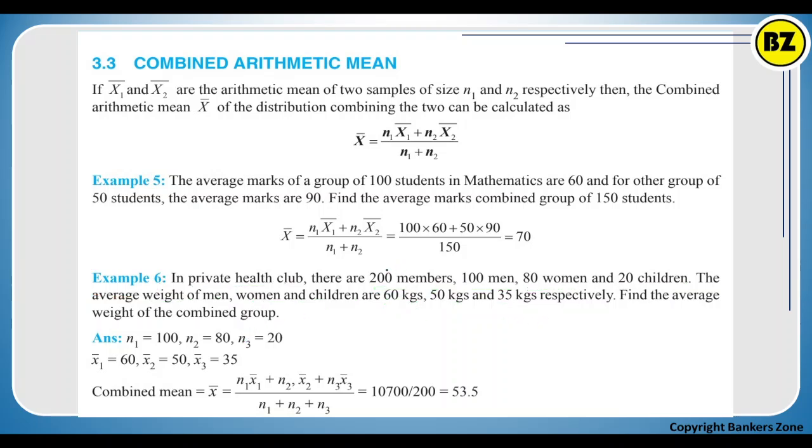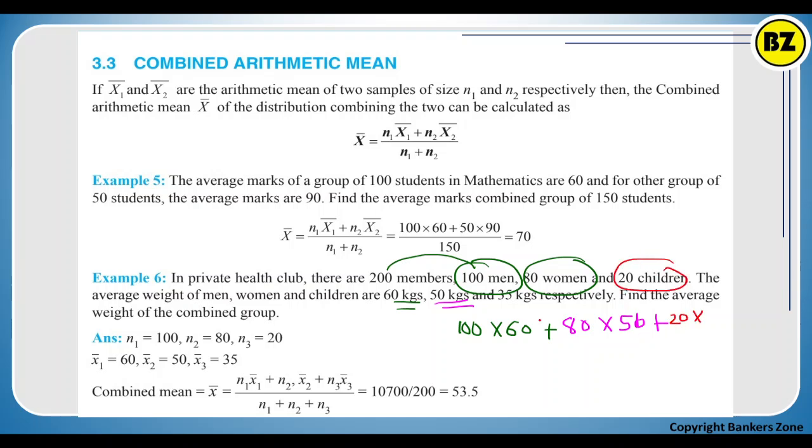See, of 200 members, 100 are men, and men have 60 kg, plus 80 are women, and women have 50 kg weight, plus 20 are children, and children have 35 weight. This is the total weight of all.